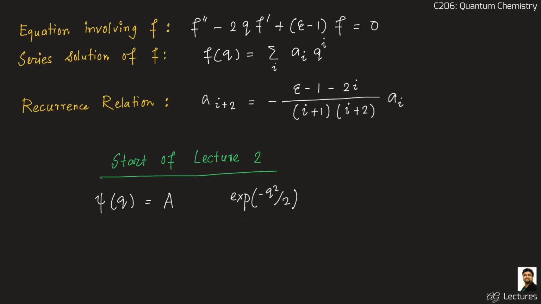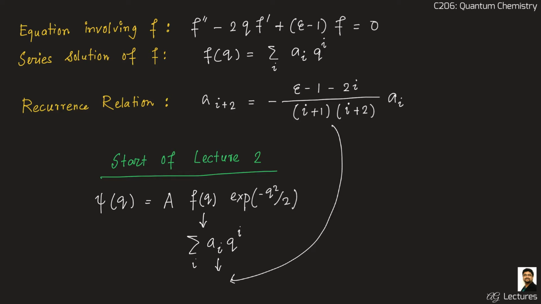But now we have to include this f over here, and this f is basically going to be an infinite power series of this particular form, where these a_i are given by this recurrence relationship over here, correct?